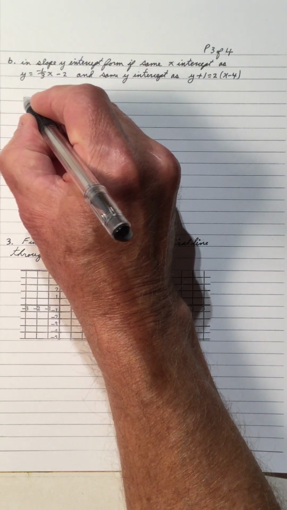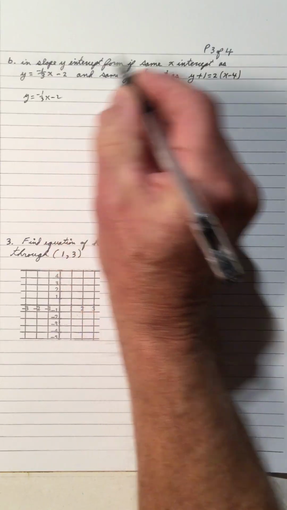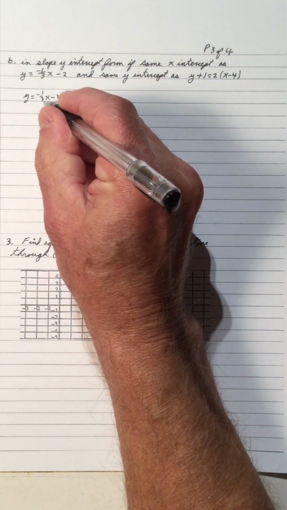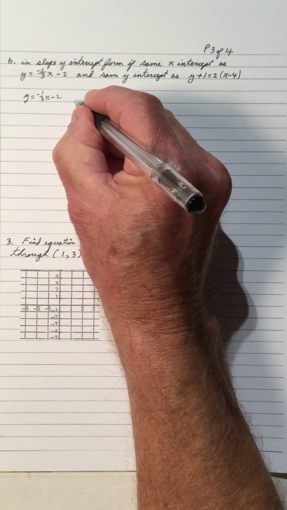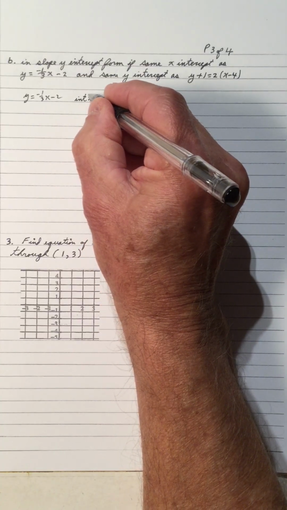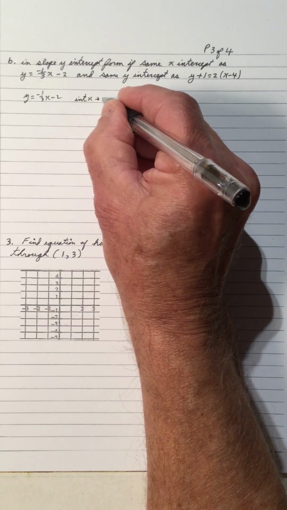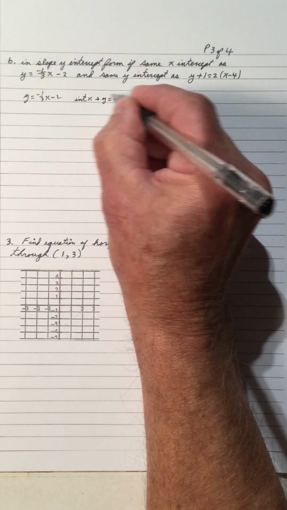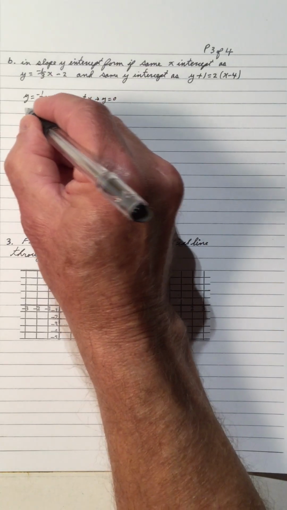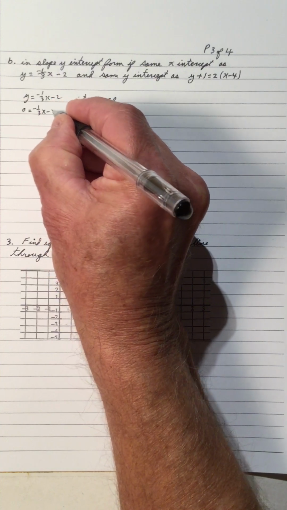So let's take the first line and get its x-intercept. The x-intercept is when you let y equals 0. So we make y equals 0, and we solve the equation.